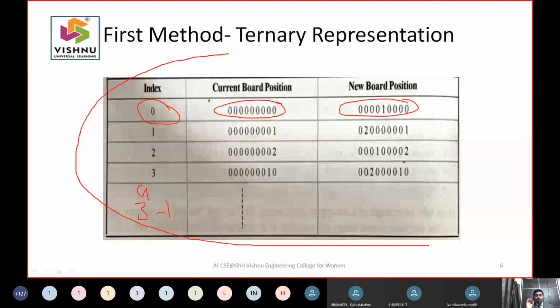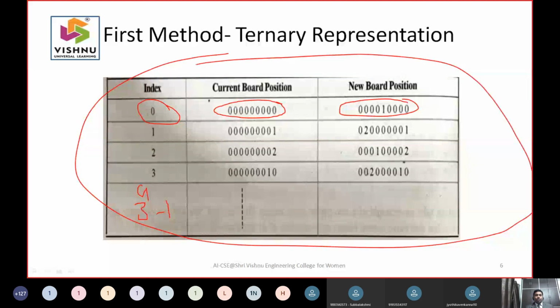So the first method of the tic-tac-toe game, which we need to understand by this point of the class, is the one in the textbook: how to play the game using a ternary representation. The condition kept in the textbook is that you need to store all the different types of systems. Like this is the first snapshot of your tic-tac-toe game, and what can be the next possibilities.